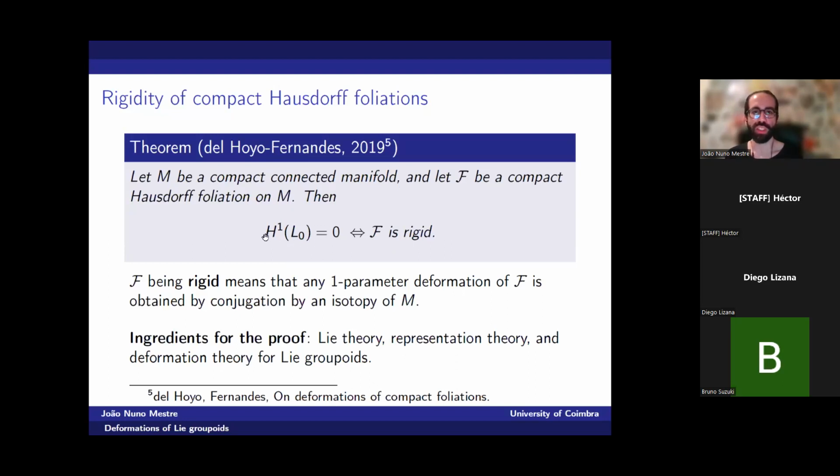And note that it's only in terms of cohomology. The whole theorem does not mention anything to do with Lie groupoids, but the proof does use heavily Lie groupoids. Actually, they provide two different proofs, and both use Lie groupoid theory. And again, being rigid means that we can flow back the whole deformation to a constant deformation that changes nothing.